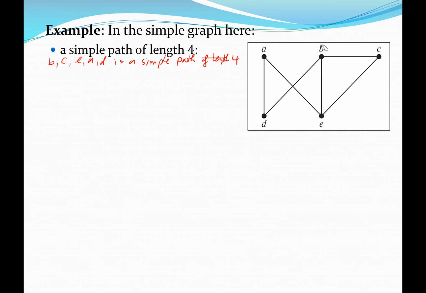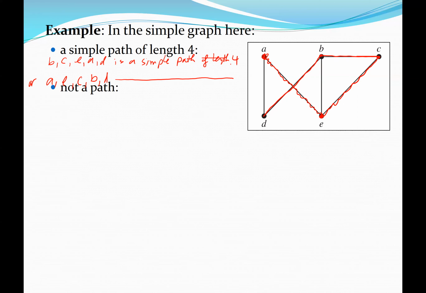For example, I can start with vertex A, travel to vertex E, travel to vertex C, travel to vertex B, and then to vertex D. That's also a simple path of length 4. So there are a few options that you can have here.